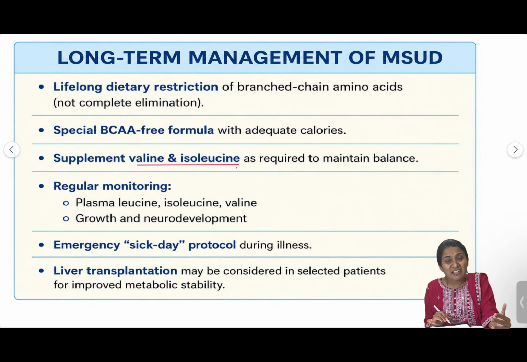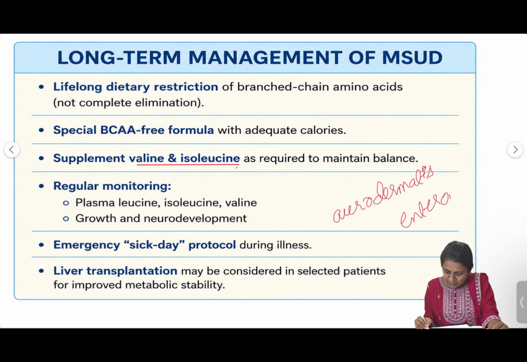I have told you. Another thing is, if you restrict this essential amino acid, it resembles the clinical picture of acrodermatitis enteropathica. Also regularly monitor the level of plasma leucine, isoleucine and valine.